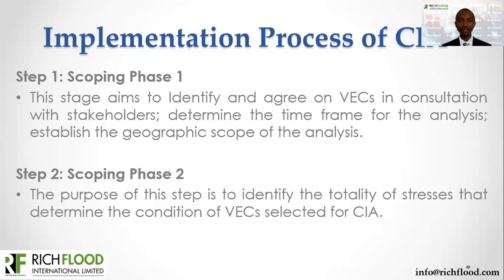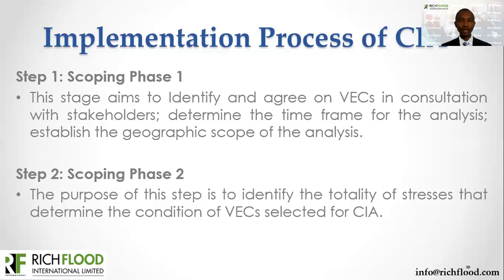And this step is critical to the successful cumulative impact assessment because it establishes the scope of the analysis of the cumulative impact. It will give you an idea of the extent to which you have to identify the impact and the extent to which you have to analyze the impact from this project.